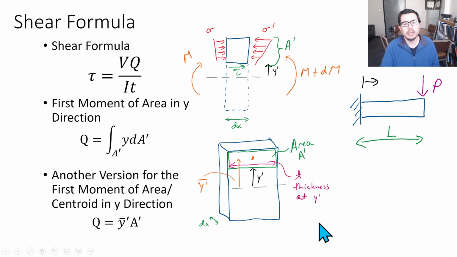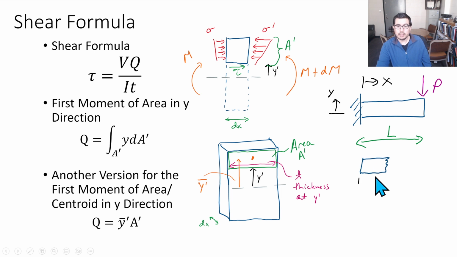So if we have a beam, as we see here, we might think about an X dimension and a Y dimension. We're still taking slices and looking at an internal shear force and a bending moment. And this is just an example, for a rectangular cross section.